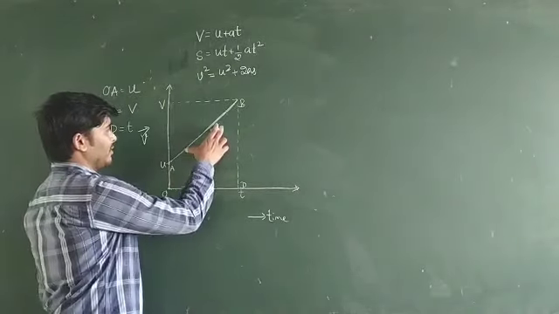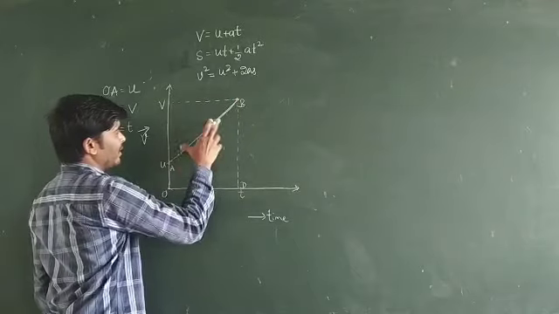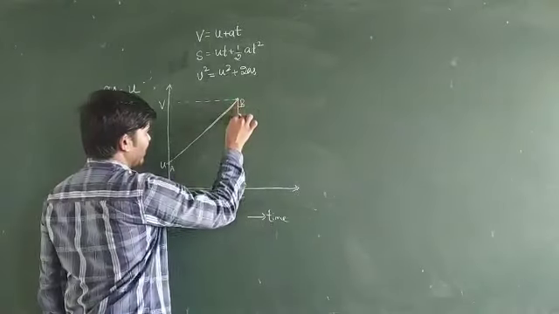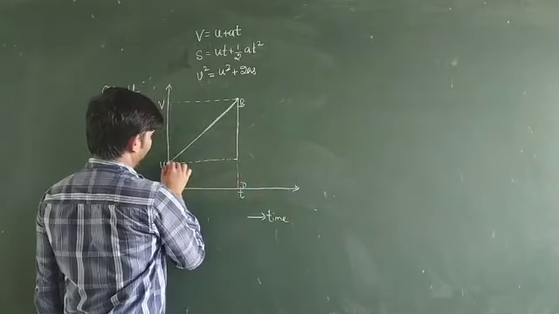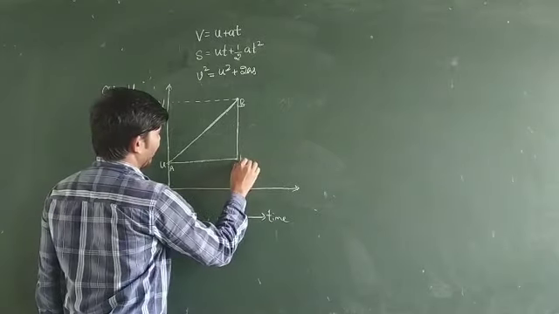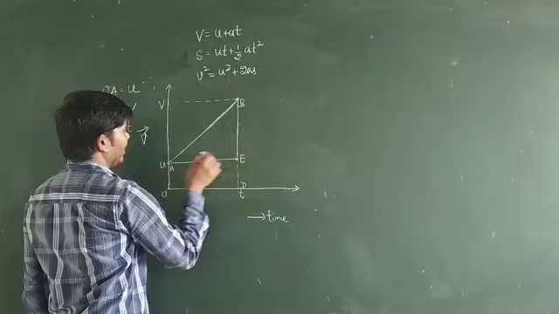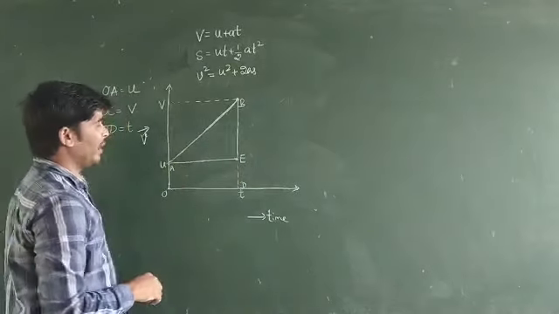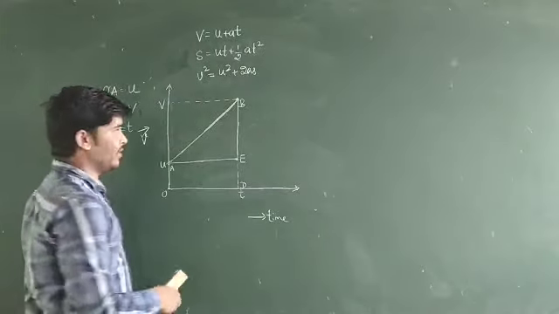Here on the straight line we have the points A and B. We have taken only these two points. By using these two points, let's form a triangle. Give a name E to this point. Now ABE is a triangle. By finding the slope of line AB, we can get the acceleration.